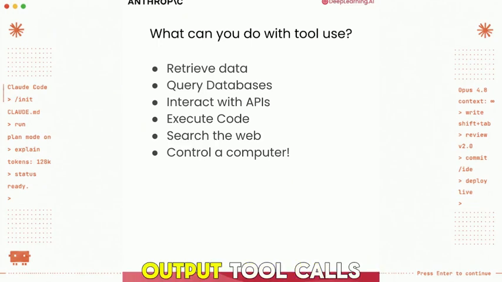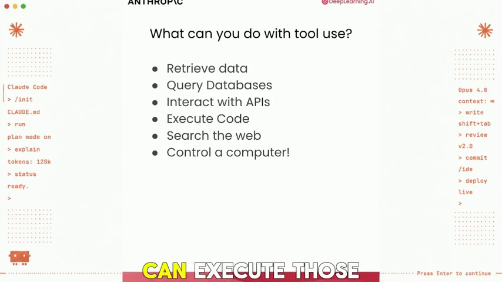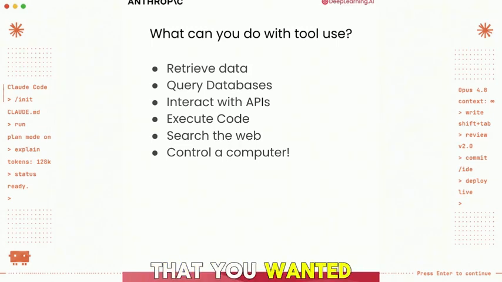The model can output tool calls to click or move a mouse or type and various other computer actions whenever it wants. And then we can execute those actions and tell the model, all right, we did the click you wanted, or we did the mouse move that you wanted. Here's what the screen now looks like, and give it a new screenshot. We'll build up to that. To start, we need to understand how tool use works.